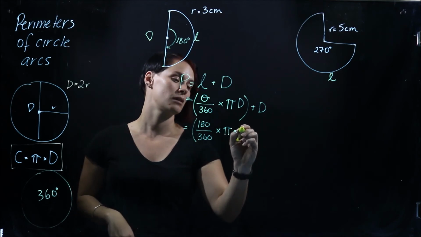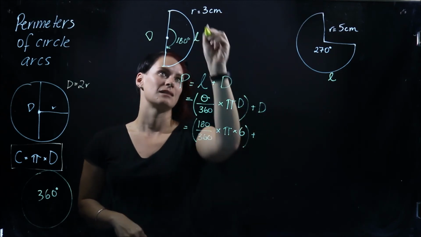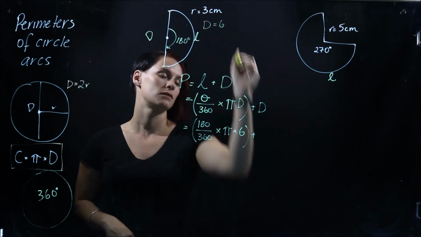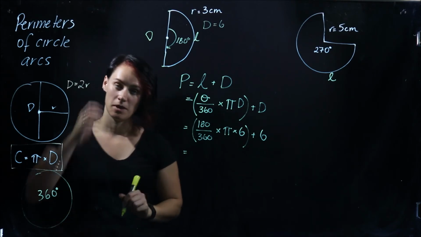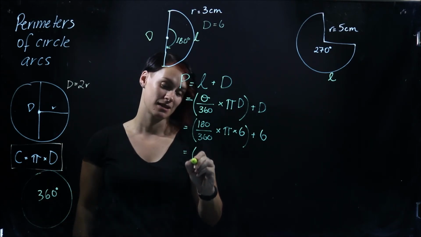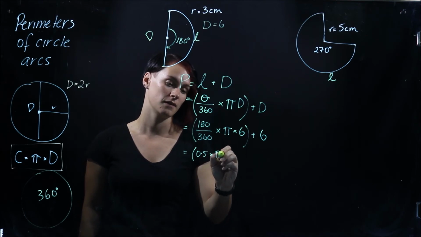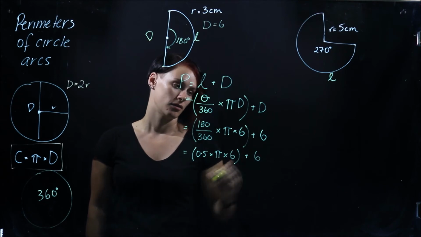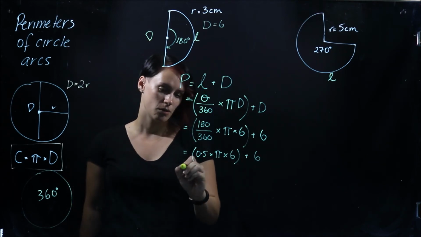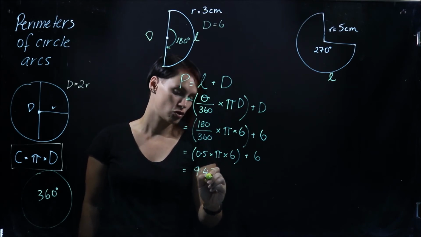It will be 2 times 3, which is 6. And then we have to add our diameter on again. So we'll just write this here to remind ourselves, 6. 180 divided by 360 in your calculator is actually 0.5. So if you type 0.5 times pi times 6 into your calculator, not forgetting the plus 6 on the end, what we'll get for this bracket is 9.42.